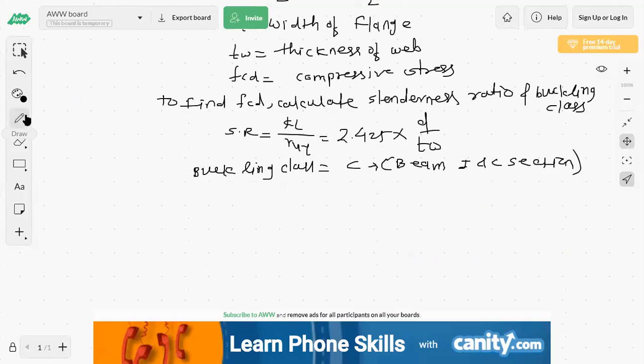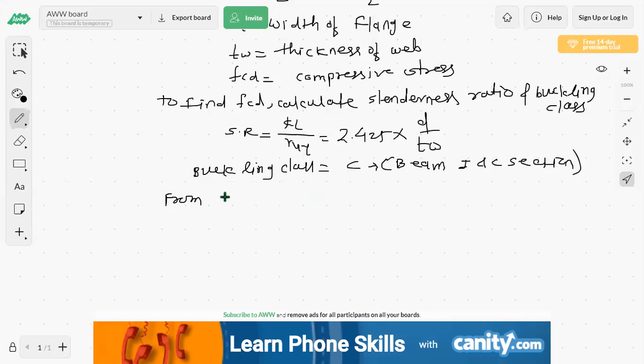Now we have solved so many examples. Slenderness ratio and buckling class are required for calculation of FCD. So we have to take buckling class C. Then on which page do we go in IS 800 if the buckling class is C?